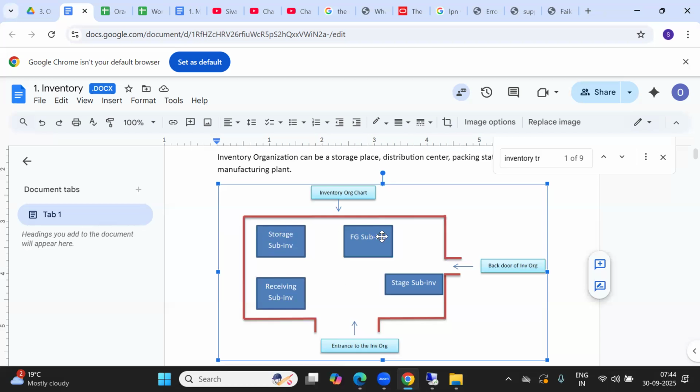Physically they have moved it, but systematically they have not performed the entry in the application. So the system will not allow them to perform it; it will go for back order, meaning it couldn't find the quantity in FG sub-inventory in the application. So this is one case.